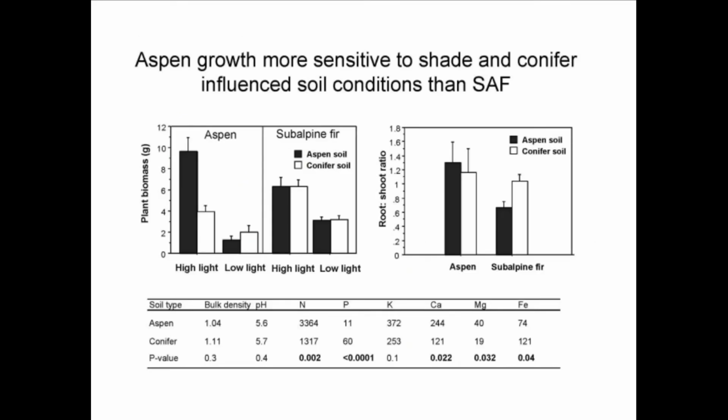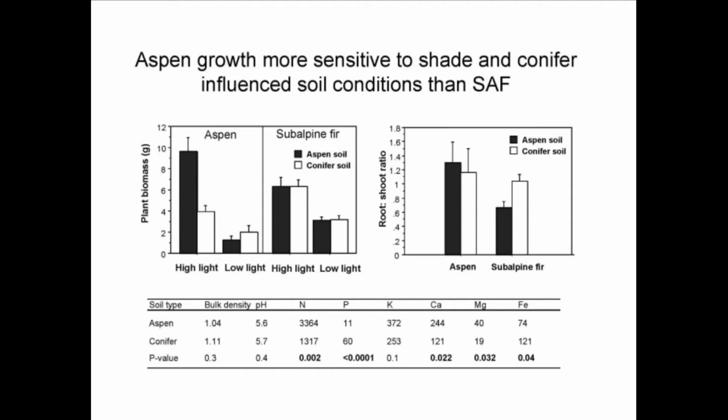And here are the growth responses. And again, this is aspen, subalpine fir under high light environments or low light environment. And then the black boxes are seedlings, or we'll call them seedlings, growing on aspen soil or conifer soil. And you see that light environment is important for both.